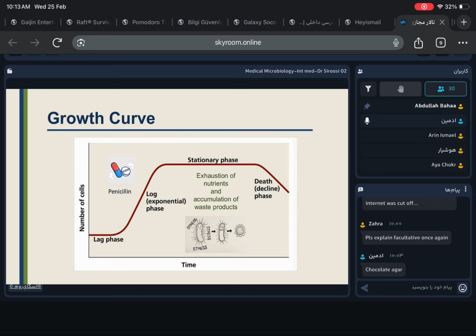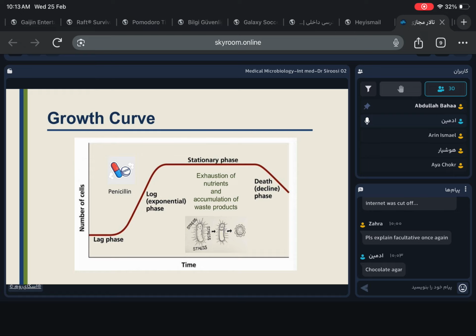And then another fact in this phase is that the waste products have also accumulated inside the culture medium. So when bacteria are growing, they are also producing some byproducts because of their growth. And these byproducts are toxic for bacteria.